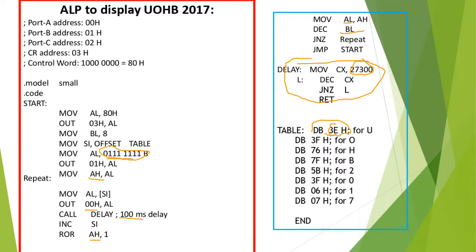Actually, I think repeat should be here, not this line, because we do the one bit right rotation here, and then we have to send it, because we do not send it here before. So repeat should be here, before out 01H comma AL.